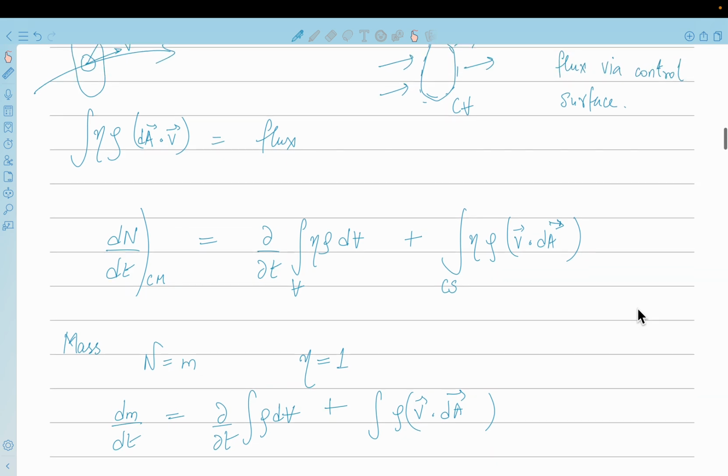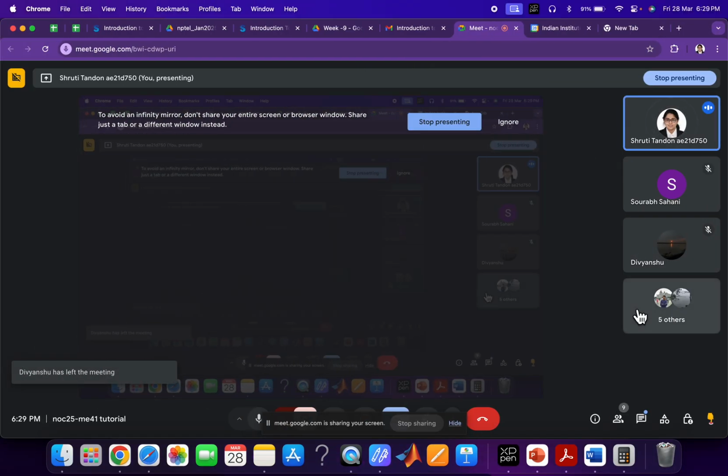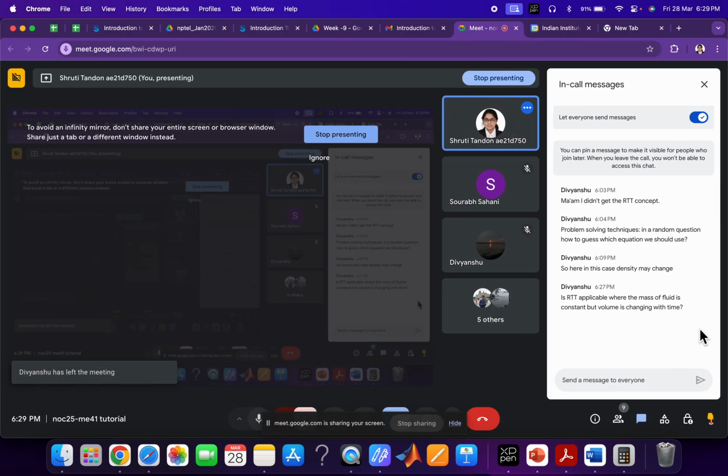Okay, so any questions about the Reynolds transport theorem now? Divyanshu, you had doubts. Do you still have doubts or everything's clear now? Okay. So we will solve some questions with RTT. Maybe that will help you clear the doubts.